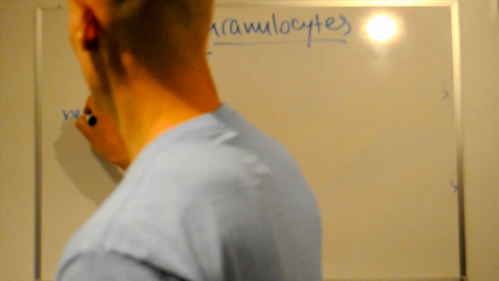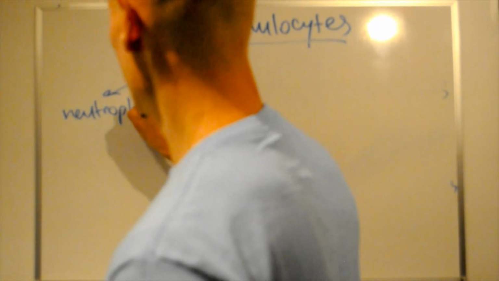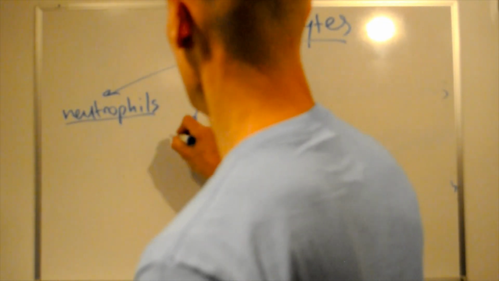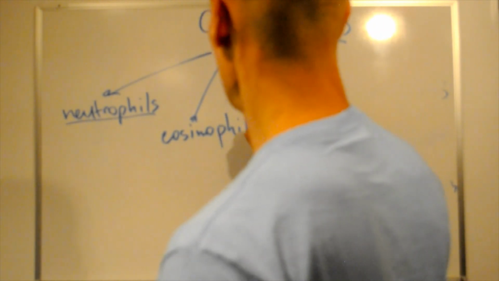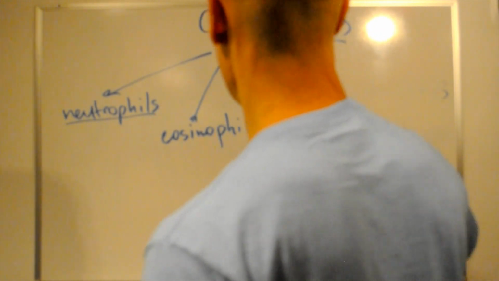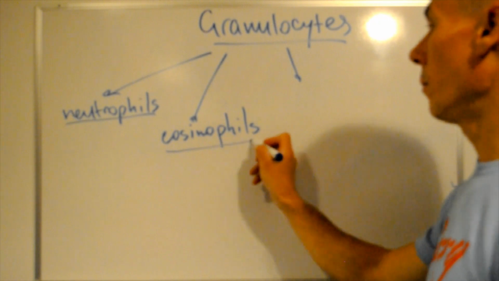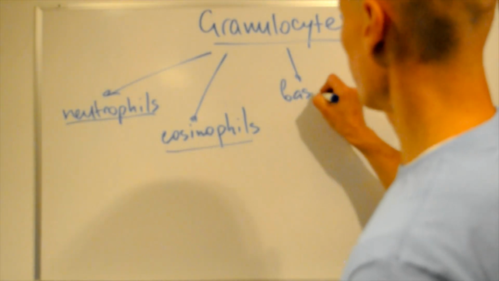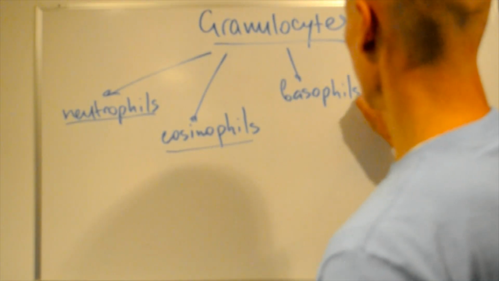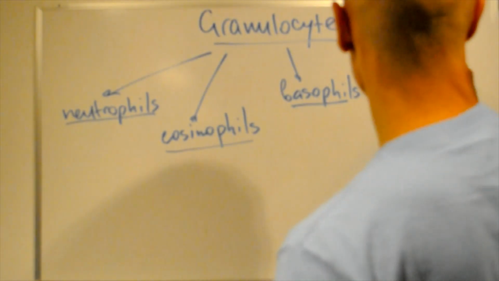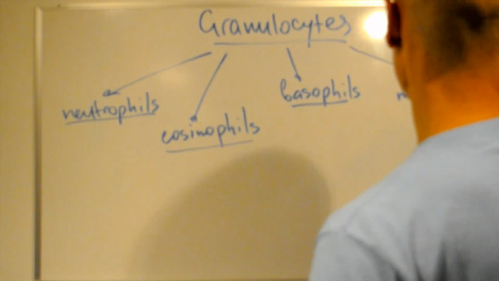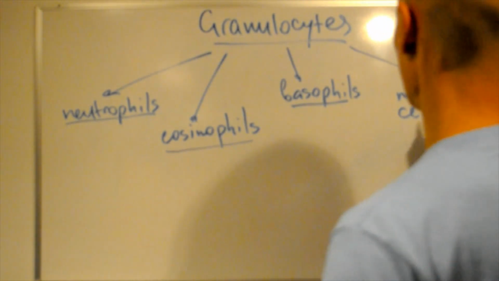Granulocytes are neutrophils, eosinophils, basophils, and mast cells.